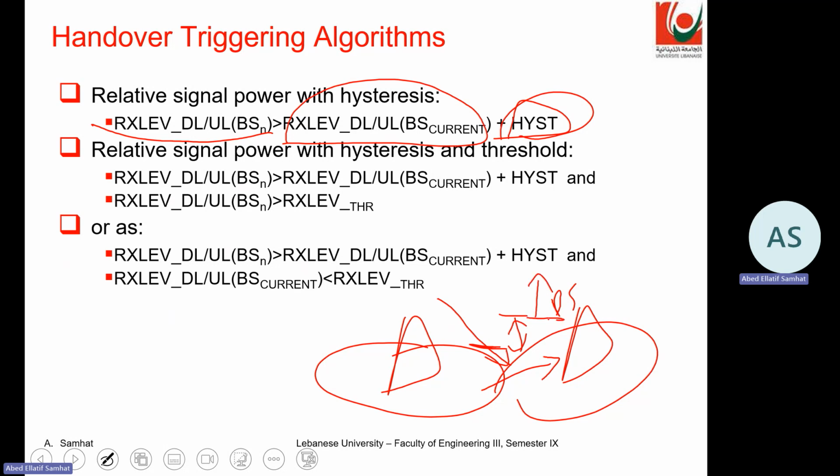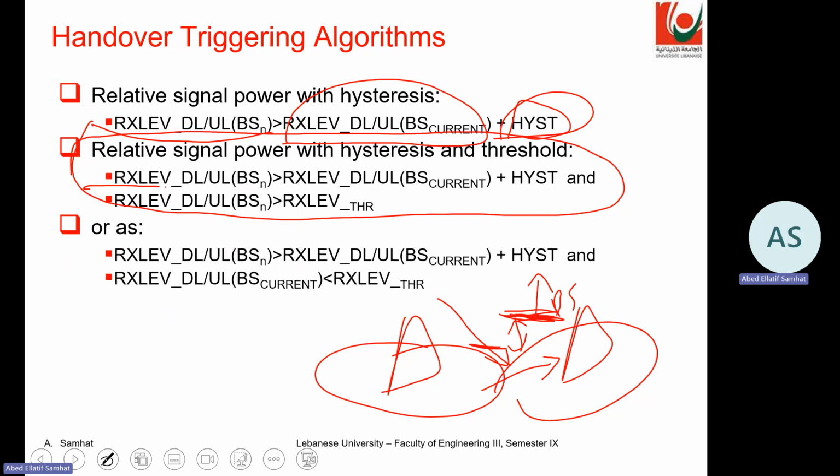In this case, if it is greater than the received power from the current base station plus a certain hysteresis, you can switch. And in order to be sure that this power has good quality, the best option is to use relative signal power with hysteresis and threshold.